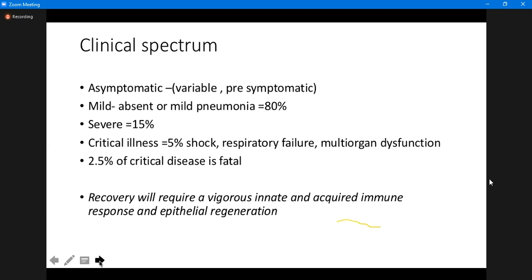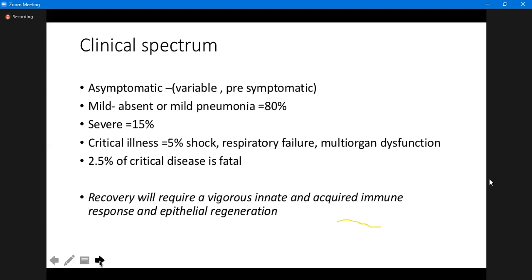The next step would be mild disease. That is either a very mild pneumonia or no pneumonia. Of the patients who are symptomatic, around 80% will have mild disease. So it's not so bad. But 15% will have severe disease, and 5% will have critical illness like shock, respiratory failure, and multi-organ dysfunction.